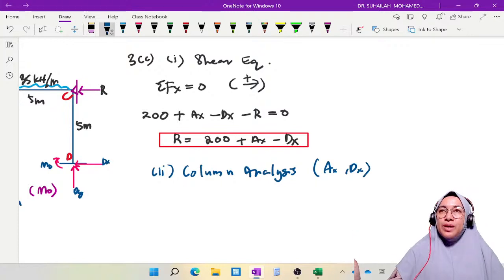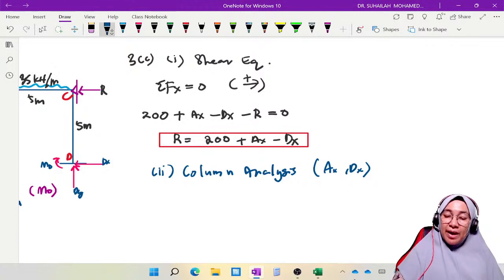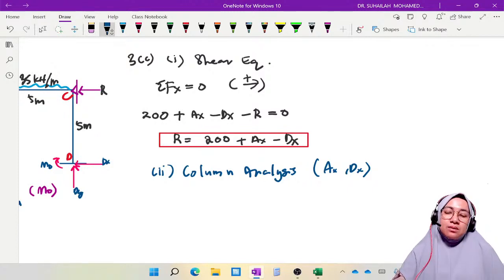We have to consider only the columns, because in this case the beam does not affect the calculation, as there is no vertical deflection.